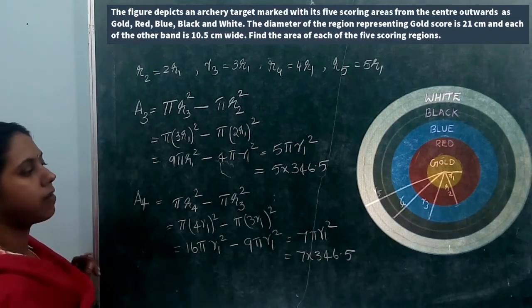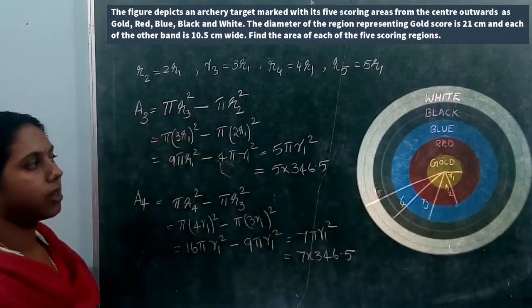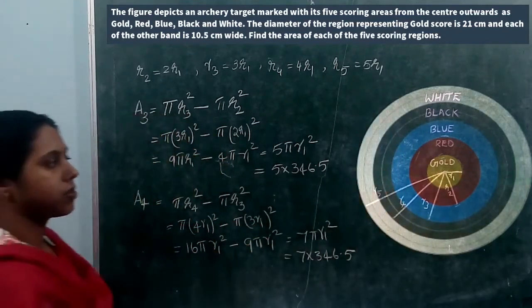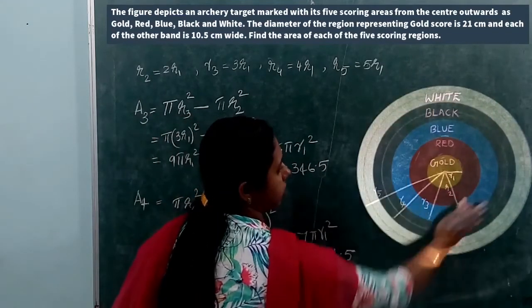The same way you can find the fifth region, that is the white region. Area of the white region: the big circle minus area of this part.